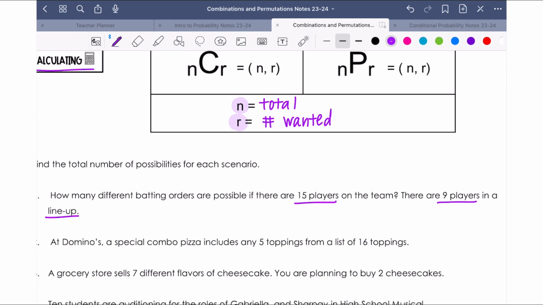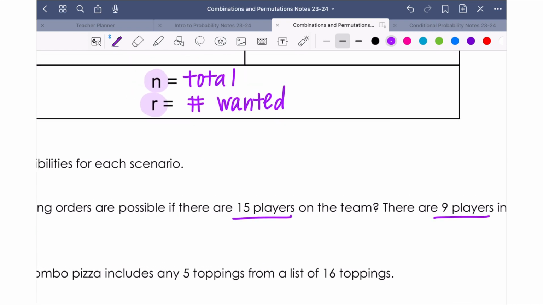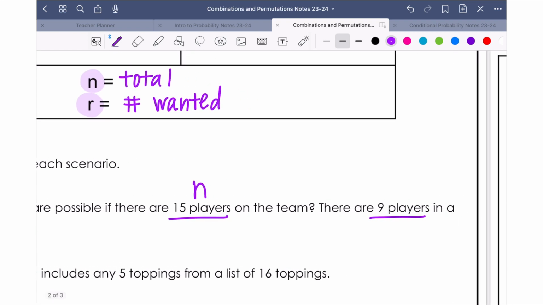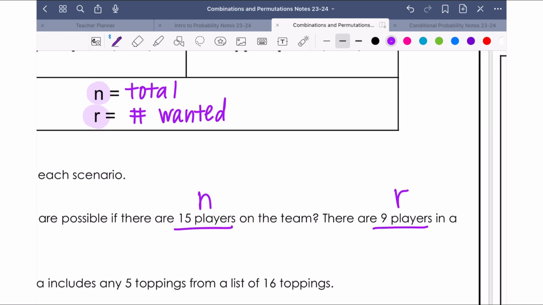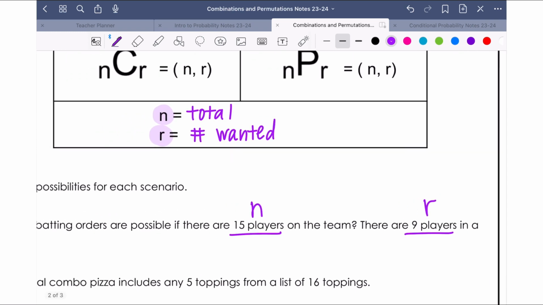All right, now we need to decide who's the total and who's the number wanted. There's 15 players on the team, so that's the total. That's N. And there's 9 players in a lineup, so I only want 9. That's the R. Okay? And if we set up the right formula, that would be 15 permutation and then 9 players wanted.